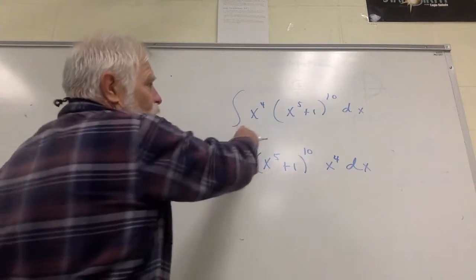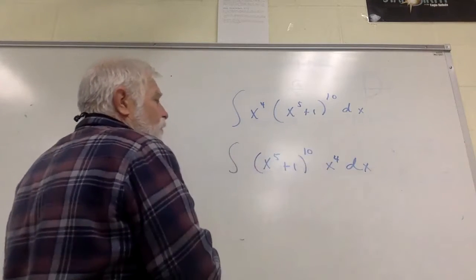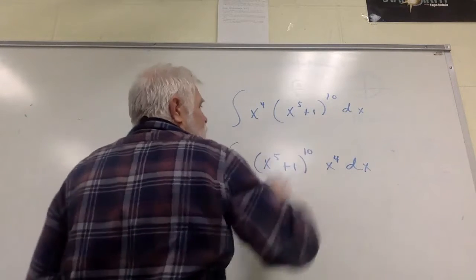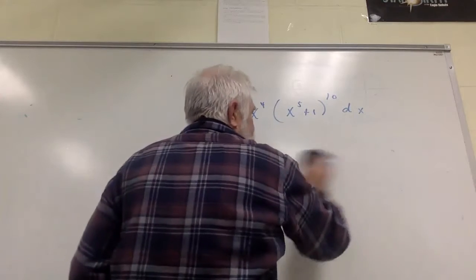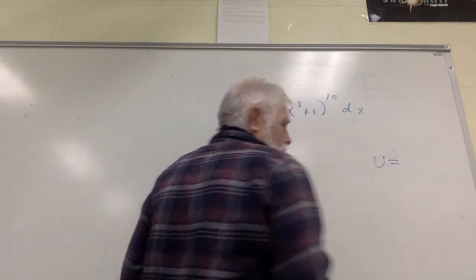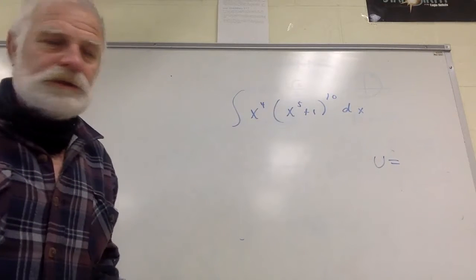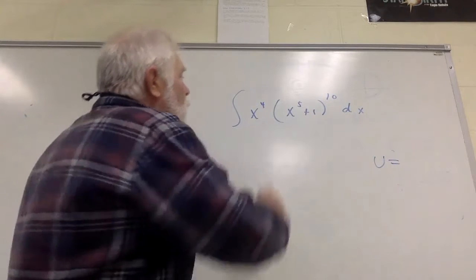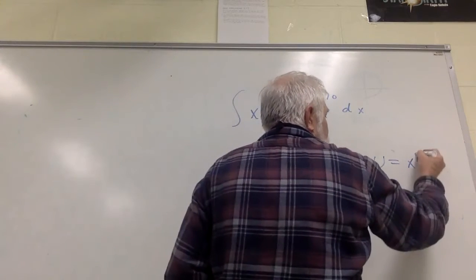All right, but textbooks and the YouTube videos that you might access to help you learn this skill, I'm going to present it to you that way. So we pick a U, a letter U is what's in the textbooks. How that was decided years ago, I don't know. And we'll let it equal x to the 5th plus 1.